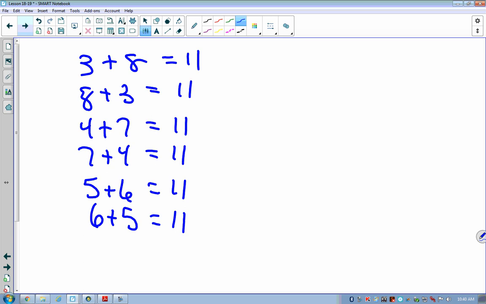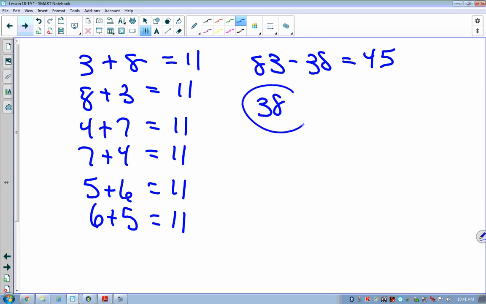So meaning the difference between 38 and 83. They both add up to 11, but we want to see what we get when we reverse them. What is 83 minus 38? Because 83 minus 38 is 45, it says what was the original number? Well, the original number would have been 38.